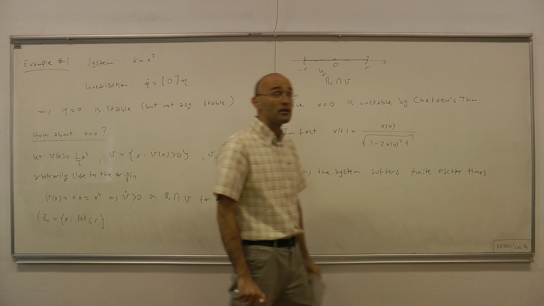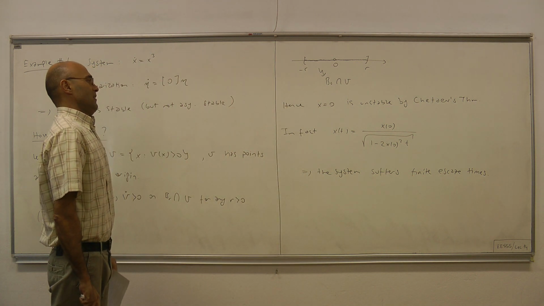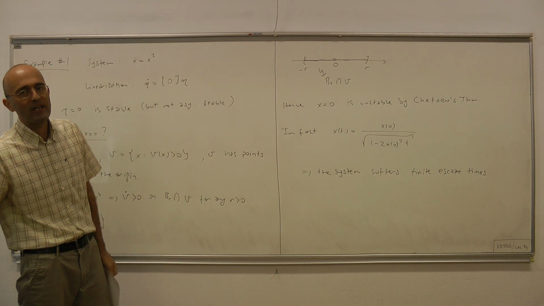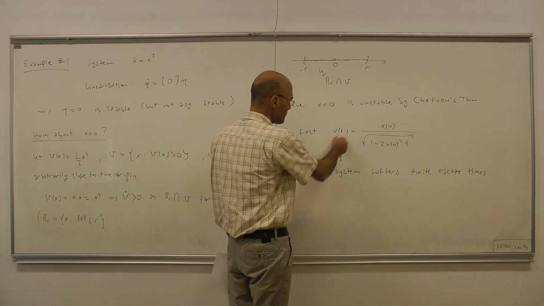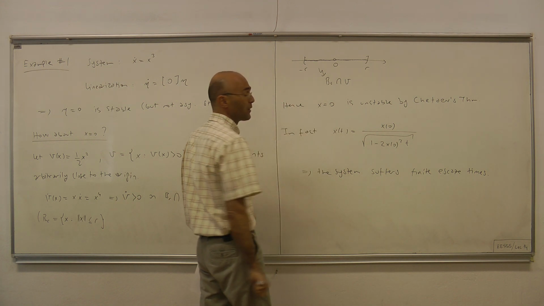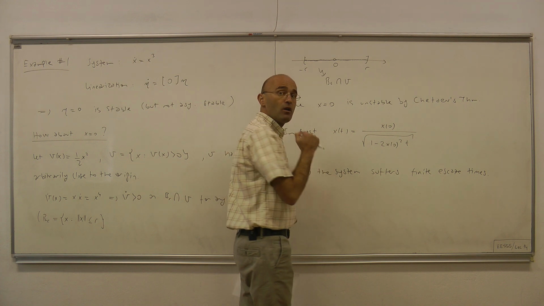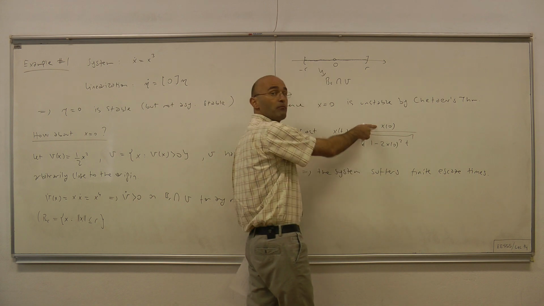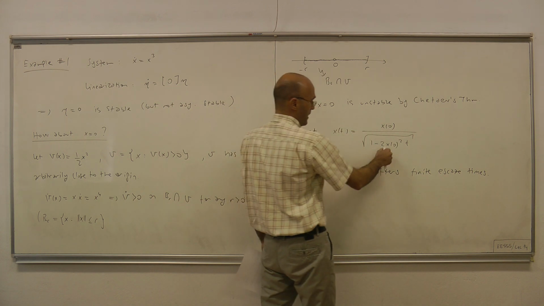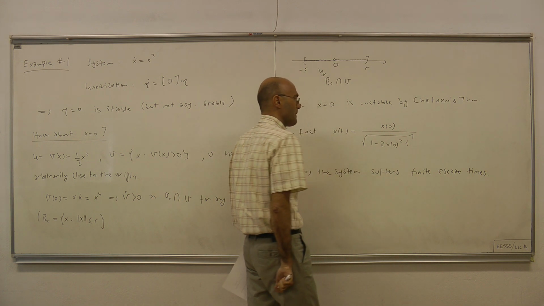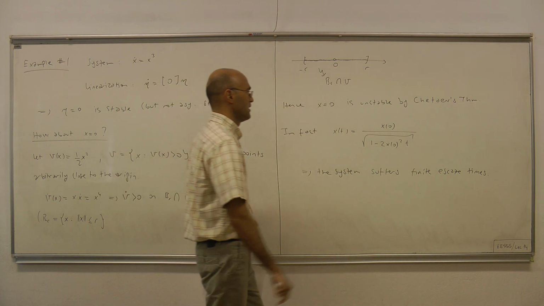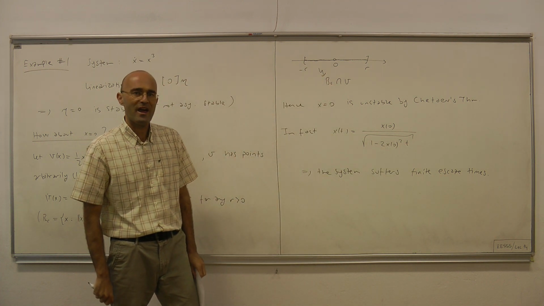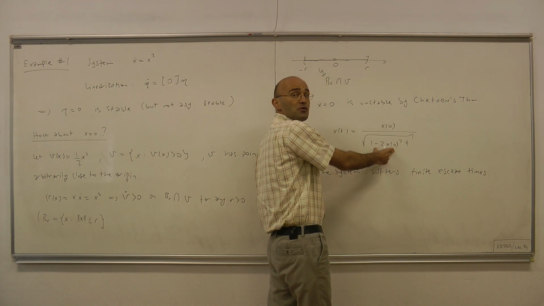So the origin is not only unstable, but as unstable as any equilibrium point can get, in the sense that it becomes arbitrarily large in arbitrarily small lengths of time. Suppose that we start from x0 equals 1, then what we have is 1 over 1 minus 2t, and then we take the square root. So this becomes larger and larger as t becomes closer and closer to 1/2, because the denominator becomes closer and closer to 0.